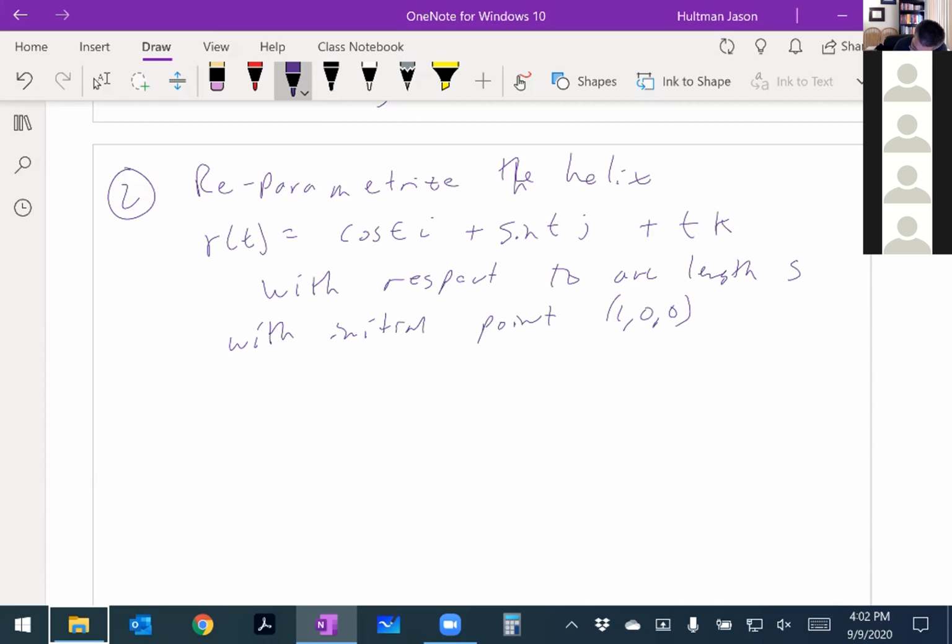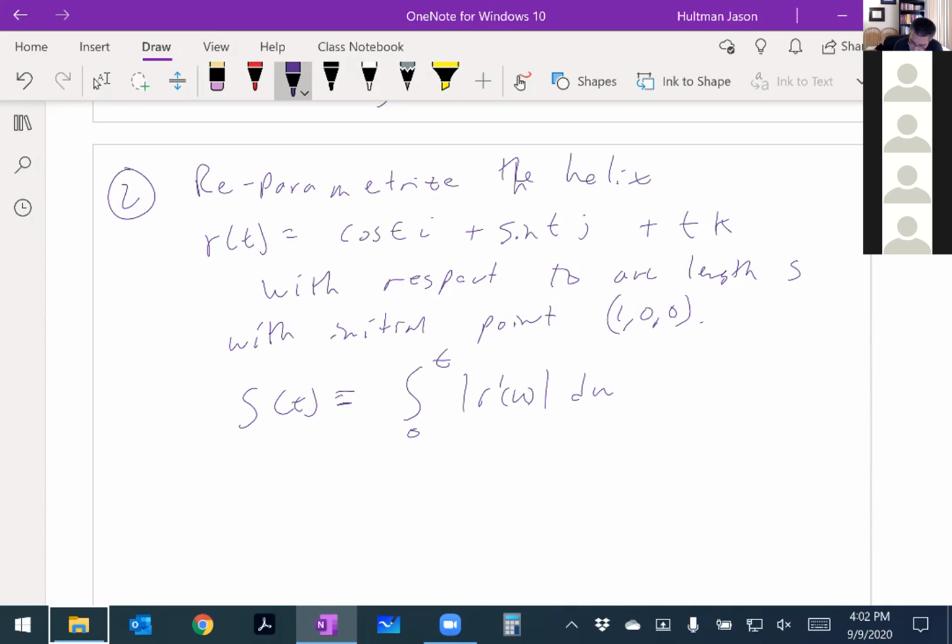Okay, we have that initial point. So what's the arc length s going to look like? Well, s of t is going to be equal to the integral from 0 to t of the magnitude of r prime of u du, right? That's s of t.